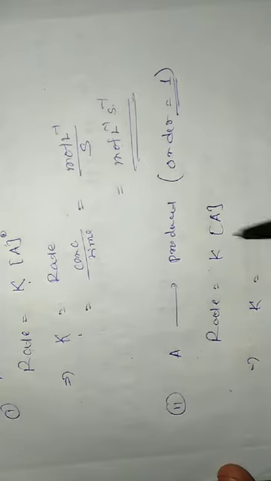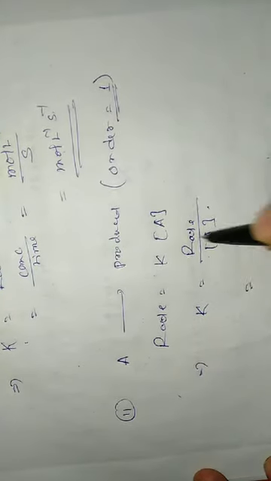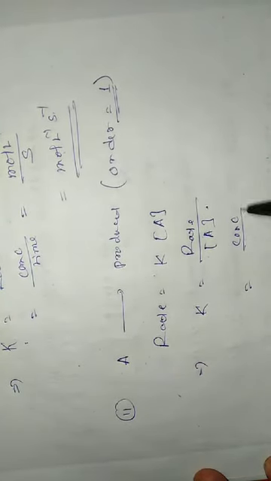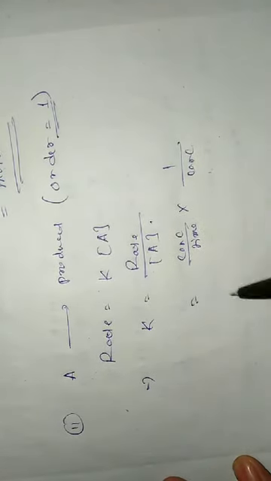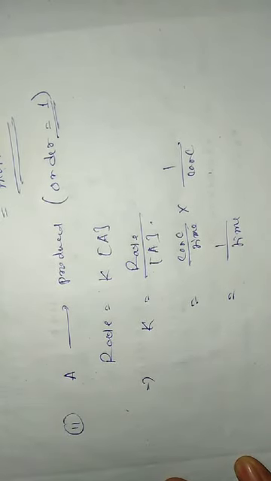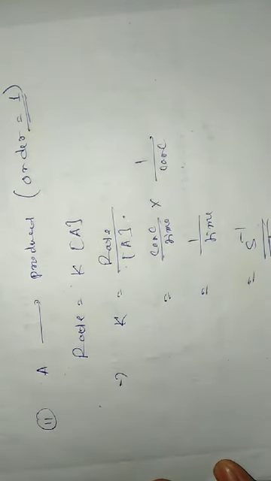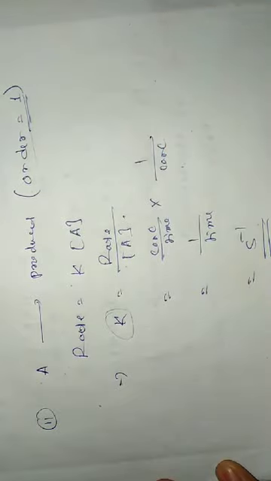So k equals rate divided by concentration of A. The rate is concentration divided by time, and also 1 by concentration. Then concentration cancels, and finally what is left? 1 by time. The unit of time is second, so per second is the unit of rate constant k for which order of reaction?